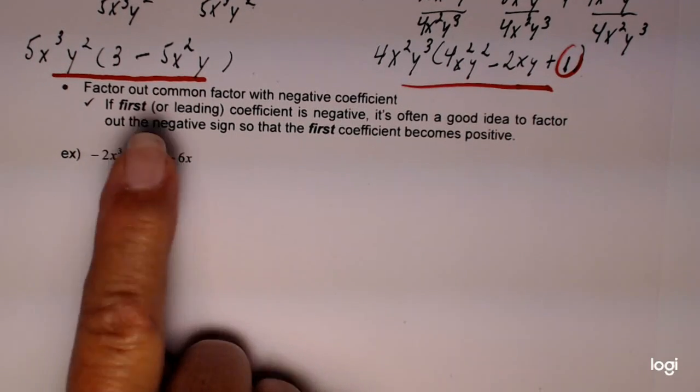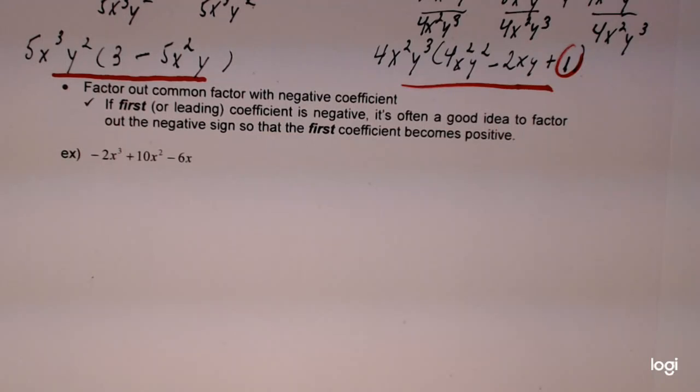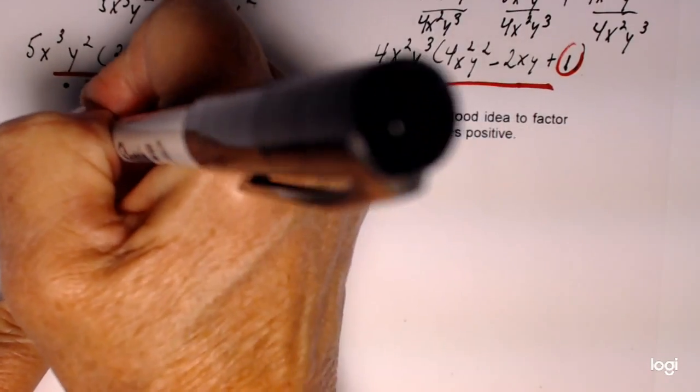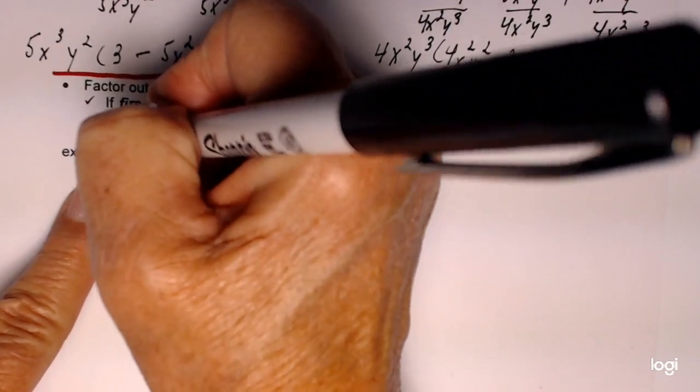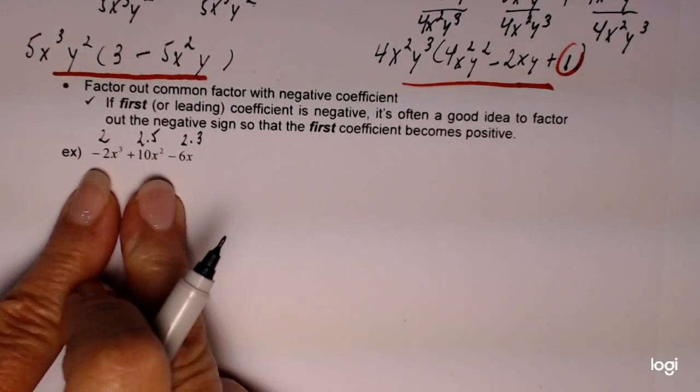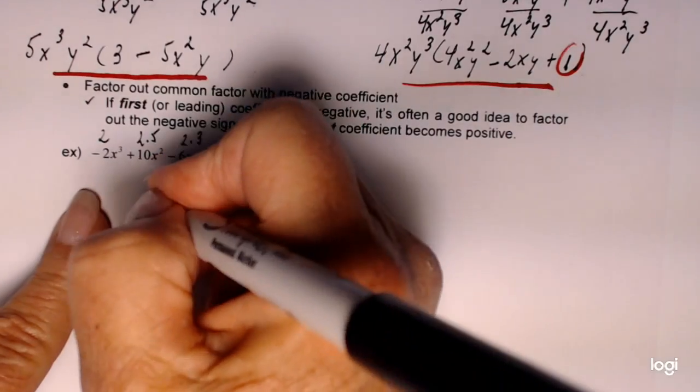So let's take a look at what this greatest common factor would be here. We're ignoring the signs for right now. So 2 is just 2 times 1. 10 is 2 times 5, and 6 is 2 times 3. So the greatest common factor would be 2.